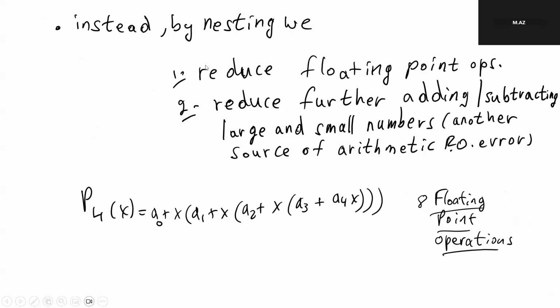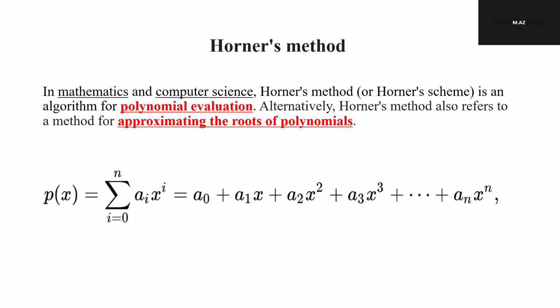By nesting, we can reduce the floating point operations and reduce further adding and subtracting of large and small numbers, which is another source of round-off error in arithmetic. For this reason, what is Horner's method?